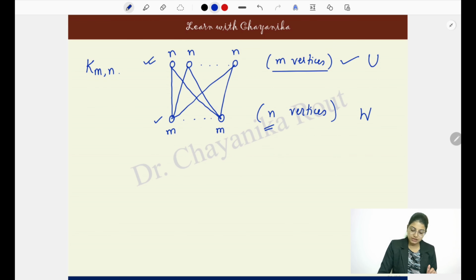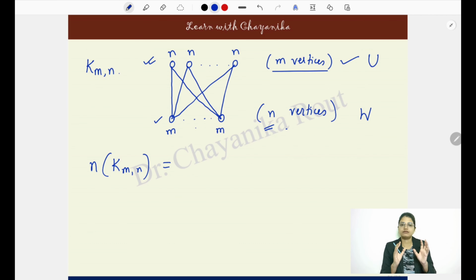And if W is the other partite set containing n vertices, then every vertex in W will have a degree equal to m. Now what is the order of Kmn? The order means the total number of vertices, the sum of the vertices of the two partite sets, that is m plus n. So m plus n is the order of the complete bipartite graph Kmn.